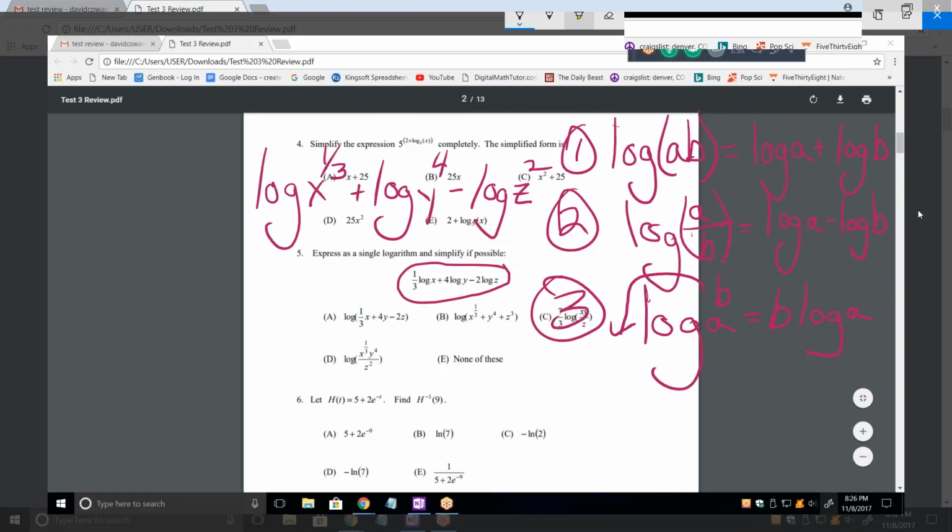Okay. Now we want to apply rules 1 and 2, going backwards. In other words, those are being added. So in the argument of my final expression, those 2 arguments are being multiplied.